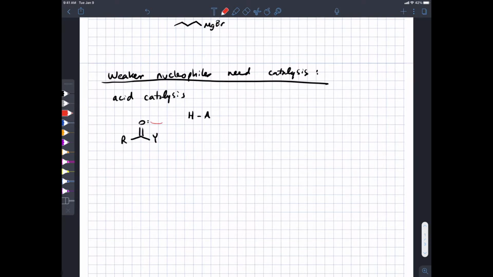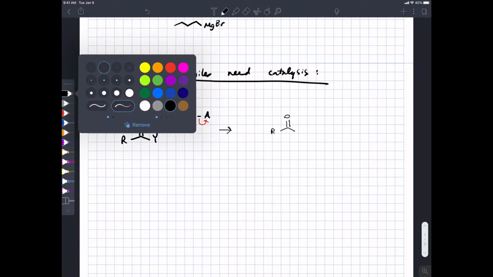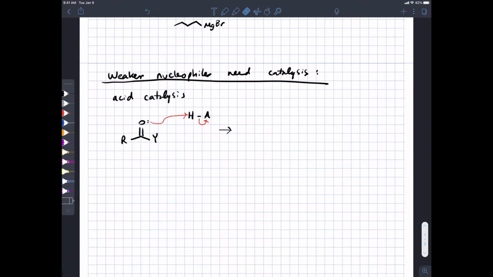So you can have lone pair electrons on the carbonyl oxygen attack the acid, and if you do that, you generate this protonated oxonium ion.